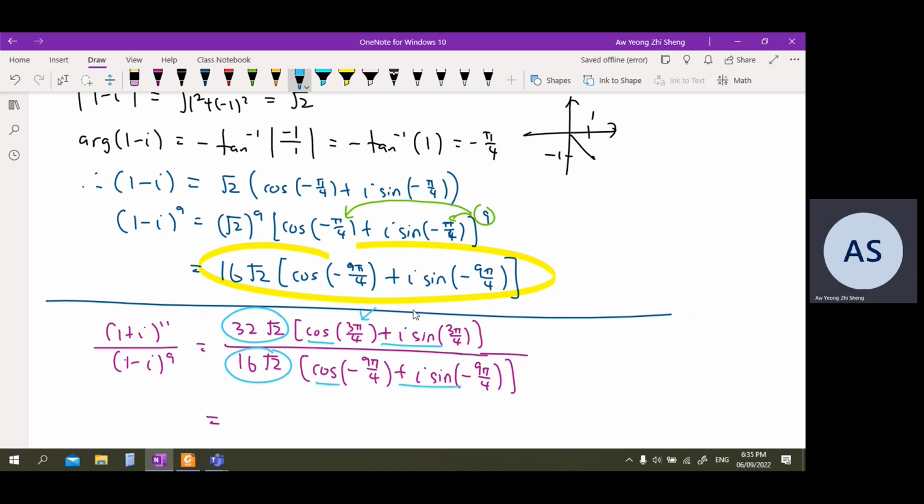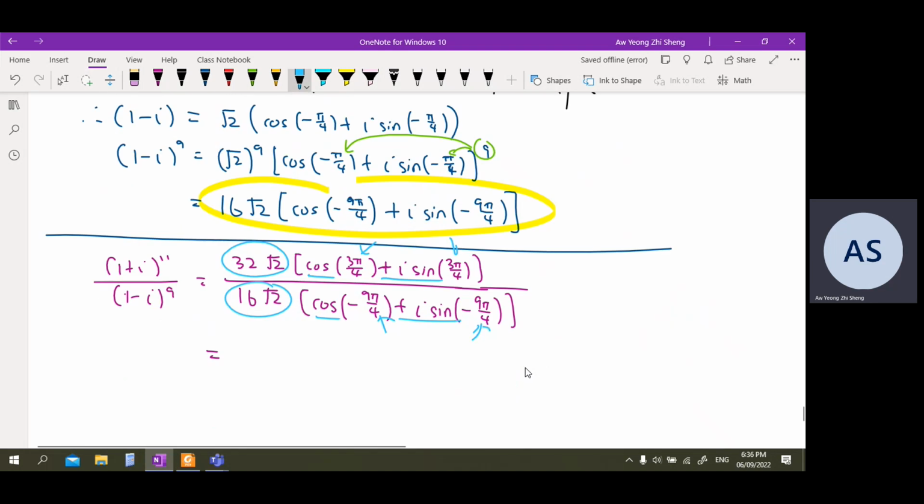Then you have the angle at the top and the angle at the bottom. And so you can just apply the result that we have learned on page 21, saying that you just need to divide their individual modulus. So 32 root 2 divided by 16 root 2 simplifies to become just 2.